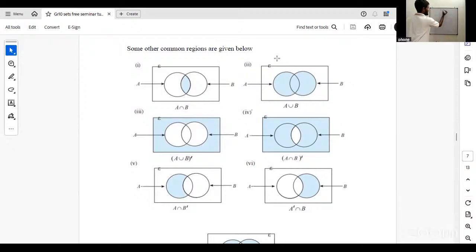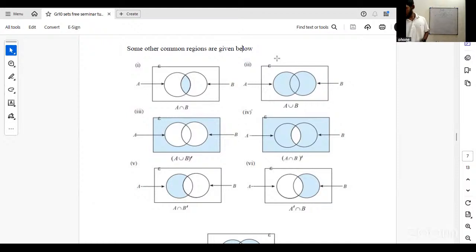Then here we have the union symbol, so you have to have at least one tick. Can I shade this region? Yes, you have at least one. Can I shade this region? Yes, because you have at least one. Now is this region outside? No, because you have this. So the regions which you can shade are this one, then this, and this. This is what you call A union B.